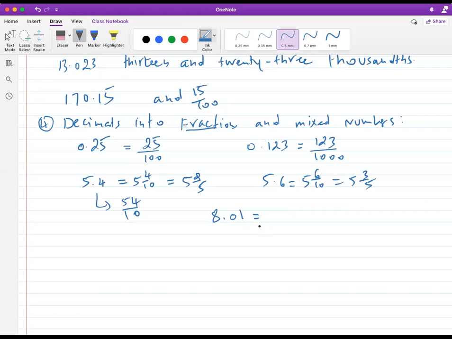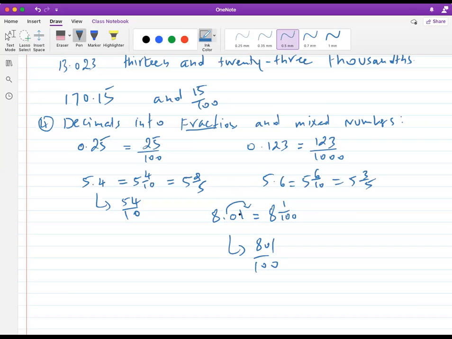To turn this into a mixed number, what is it? 8 and what? 8 and 1/100. Exactly. And if you want to turn it into an improper fraction, you can move the decimal twice. If you move it twice, it will also be 801/100 because we moved twice. So you can either turn it into a mixed number or a fraction. Whatever the question is asking you, you do the right method.